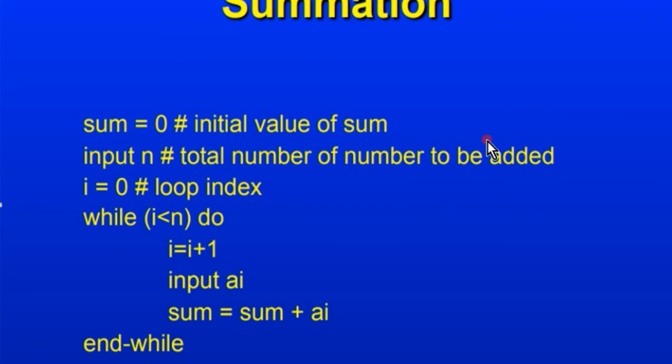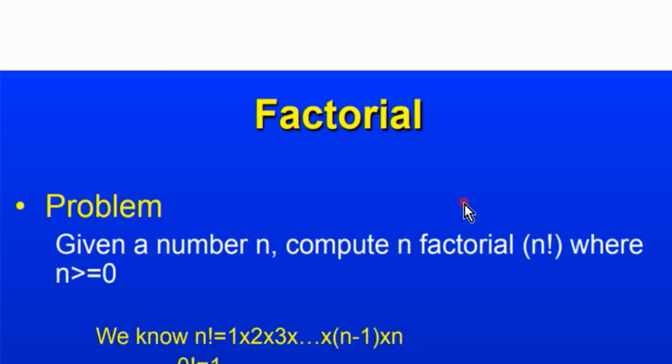Even though you know these concepts in C programming, in the algorithmic process we will see all the steps one by one. Next concept is factorial, finding the factorial of a given number.